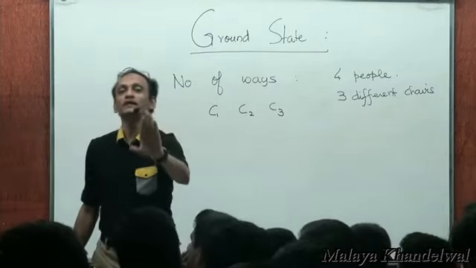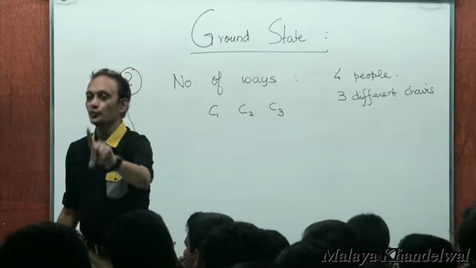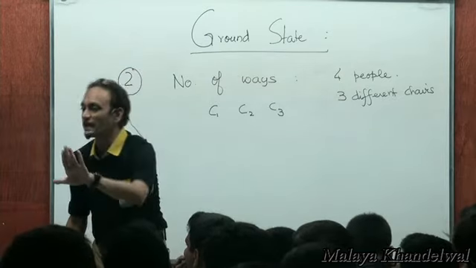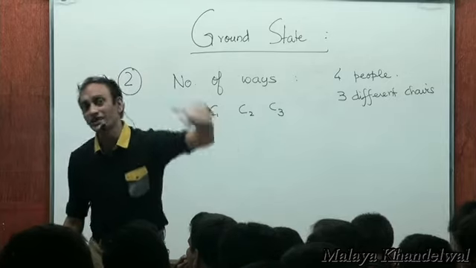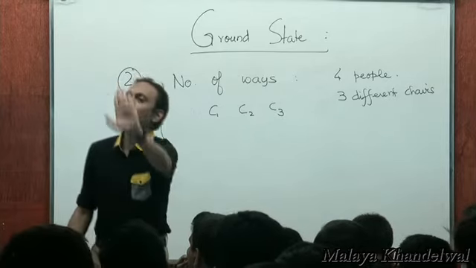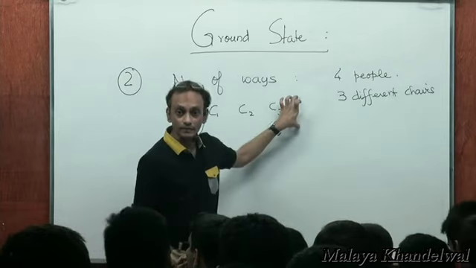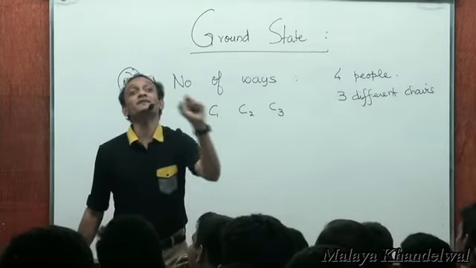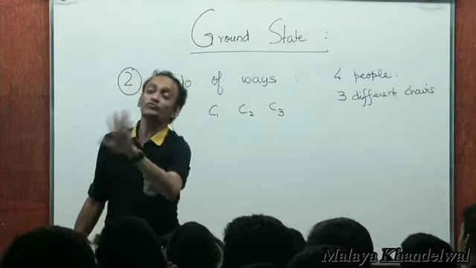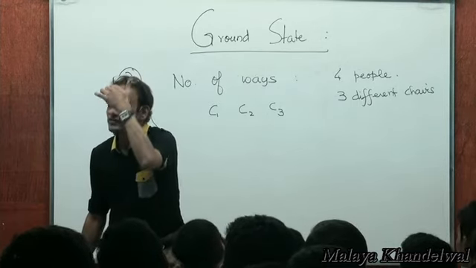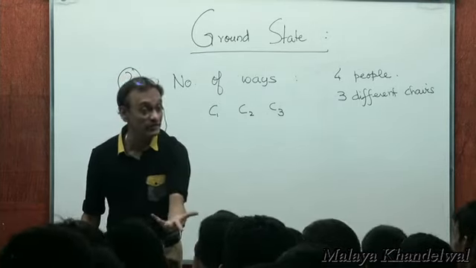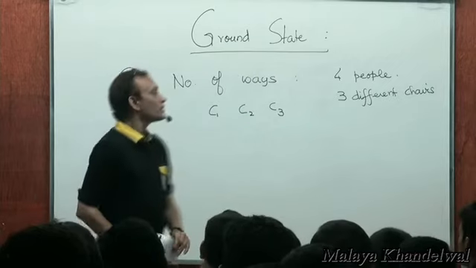We'll assume one person per chair, and no chair goes vacant, because then that will become conditional. The simple problem is 3 chairs, C1, C2, C3, and I want to fill up these 3 chairs out of any one of the people. That's an equivalent problem. You know what I'm saying? Okay.